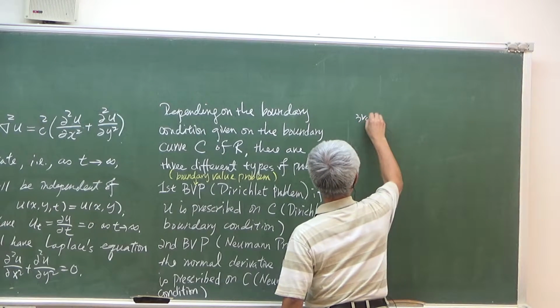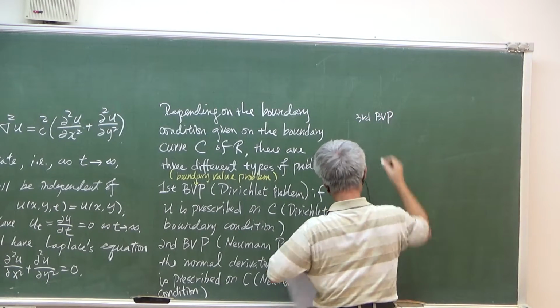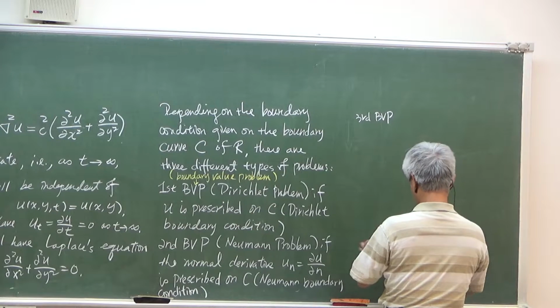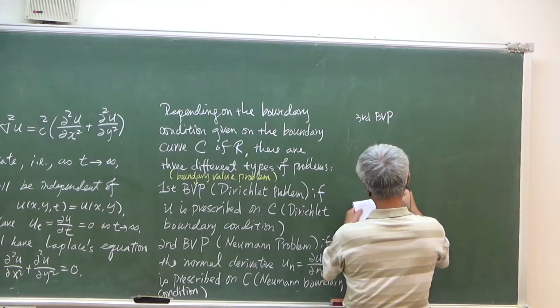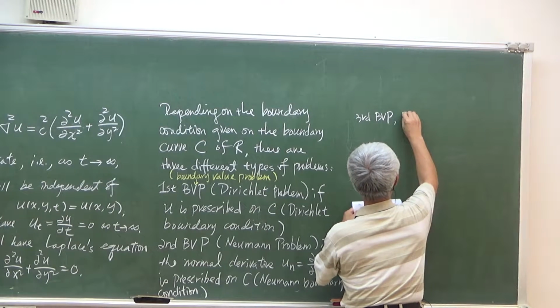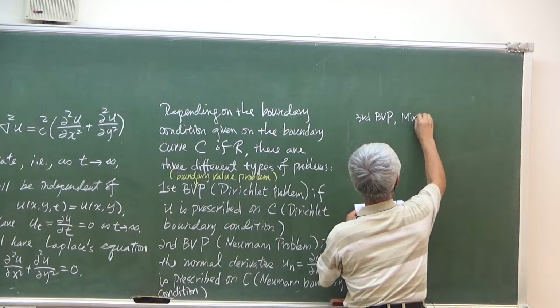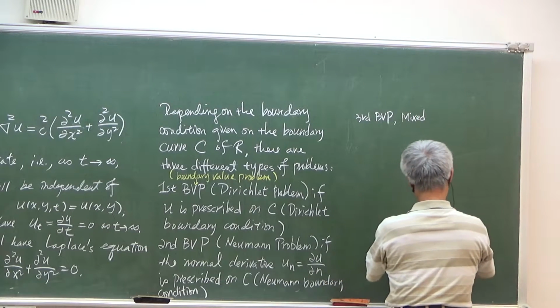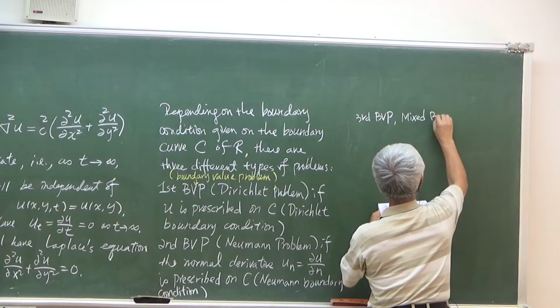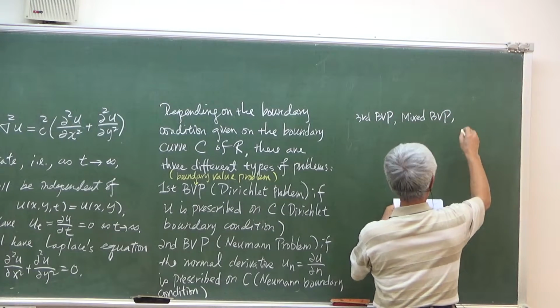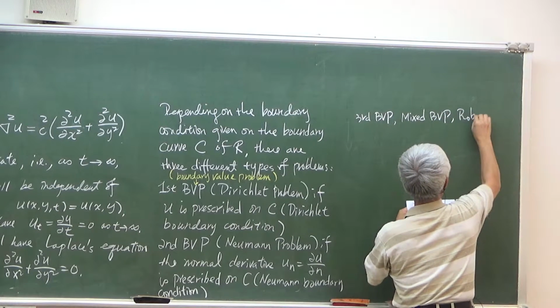The third one, the third boundary problem, is sometimes called the mixed, or people call it the Robin problem.